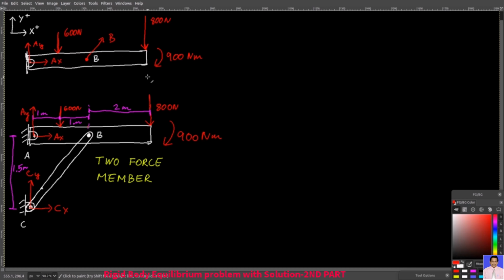Let's first decompose this B force. You can see that you have 2 meters from A to B and 1.5 meters from A to C. And so you can describe the direction of this B vector, which is parallel to the BC member, in the following way. This is your B force. Here I'm going to have 2 meters, here 1.5 meters, and then here I will have C, which will be the square root of 2 squared plus 1.5 squared.